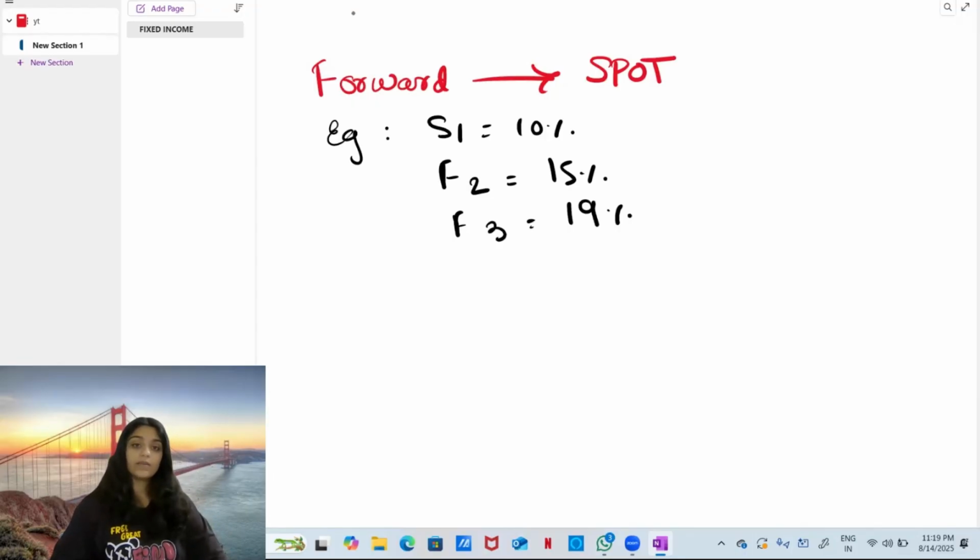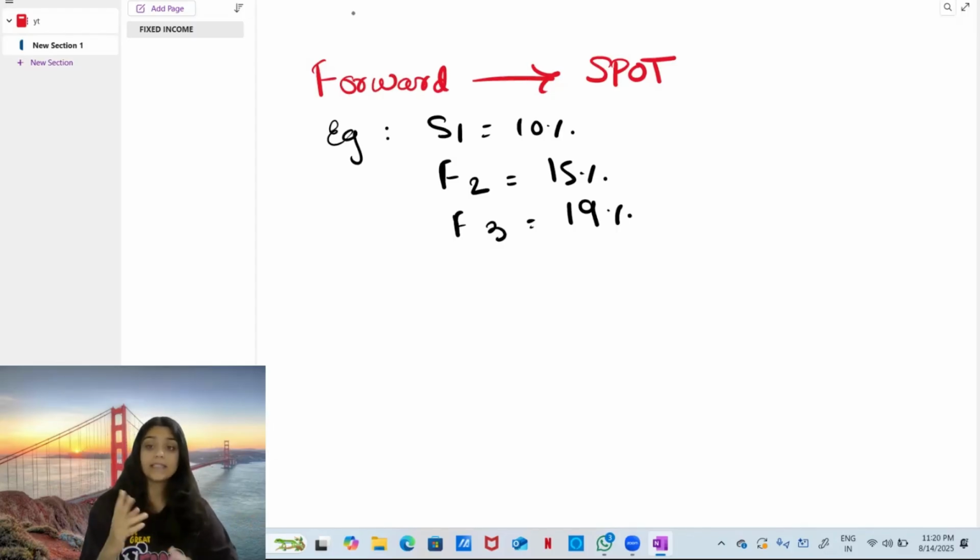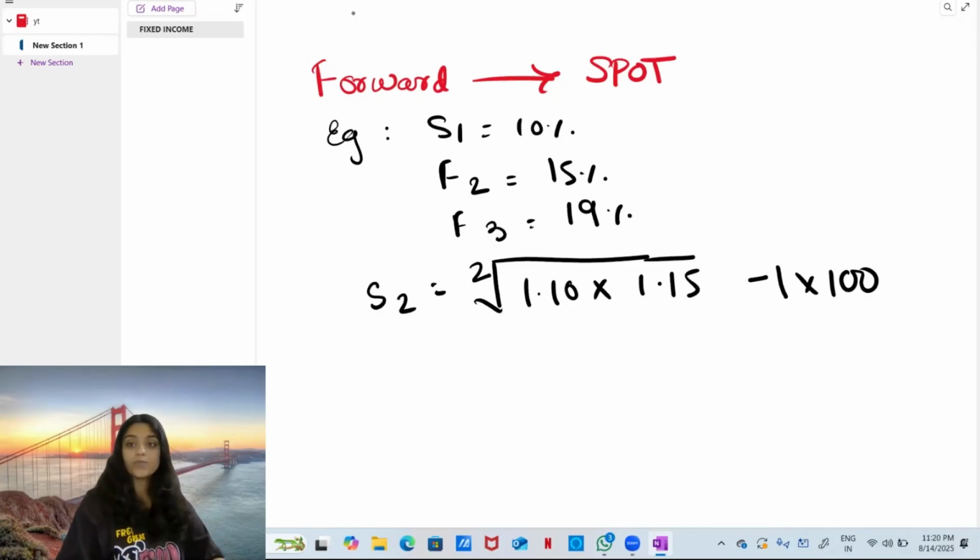Today we'll start with how to calculate spot rate with the help of forward rate. For example, say you are given the spot rate of year one as 10%, the forward rate of year two as 15%, and the forward rate for year three as 19%. From the last video, we know that the spot rate and forward rate for the first year are always the same. So F1 is S1, that is 10%. Now how to calculate S2, the spot rate for year two?